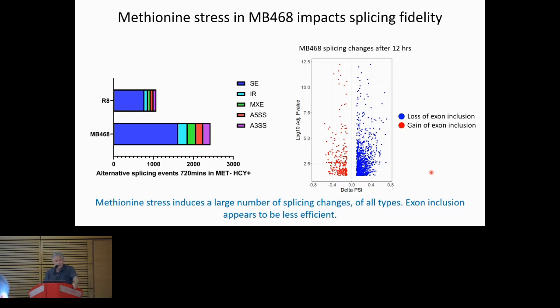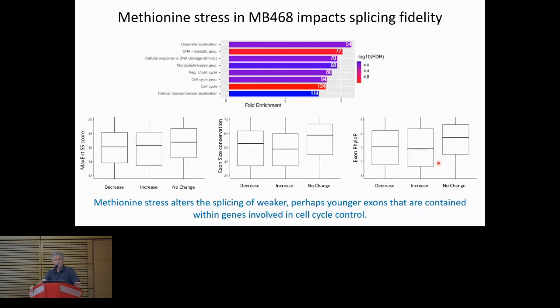We can evaluate a few features. We can evaluate genes that are affected by alternative splicing, and wonderfully enough, there are pathways that relate to cell cycle control. And we look at three different features. One is splice site strength, to the left. In the middle, we have a feature that looks at the conservation of the exon length, which is actually very important, and it's an evolutionary feature.